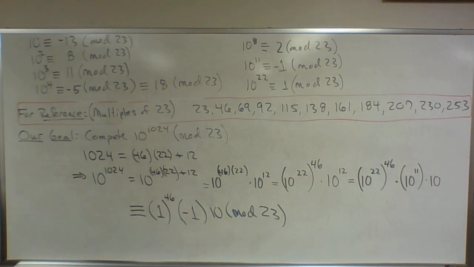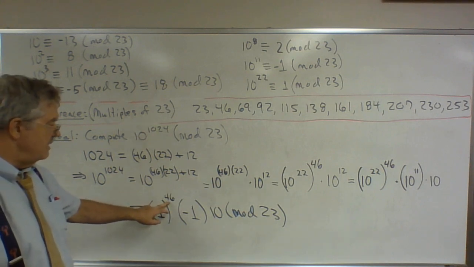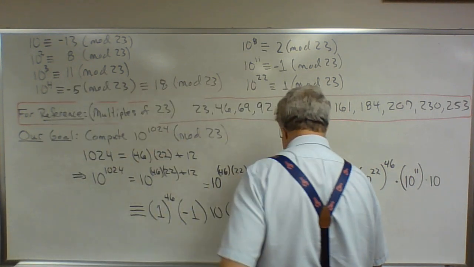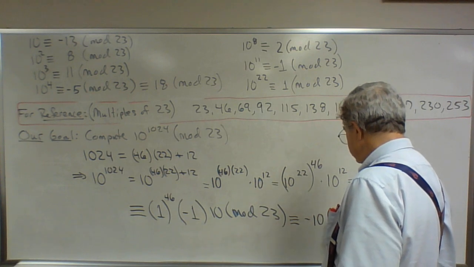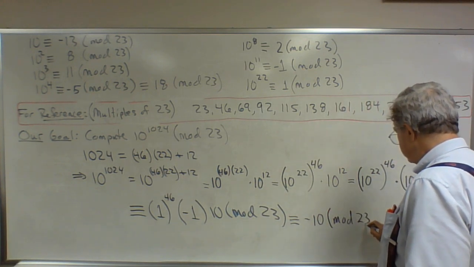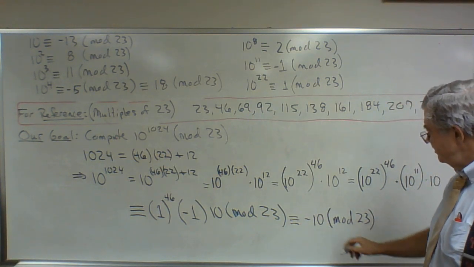So let's see. 1 to the 46th is just 1. Negative 1 times 10 is negative 10.